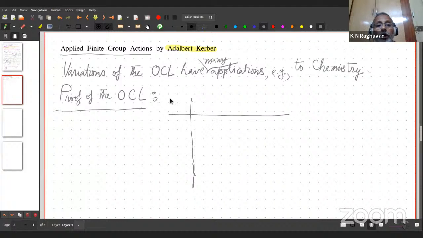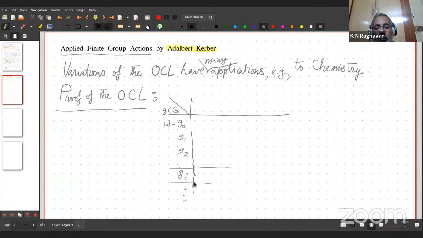Okay, so here I make a matrix. The elements of the group are written here. So I have g0, let's say, the identity element of the group, g1, g2, etc. The elements of the group are listed here. Let's call this g_i. So it's some finite group, and here are the rows.